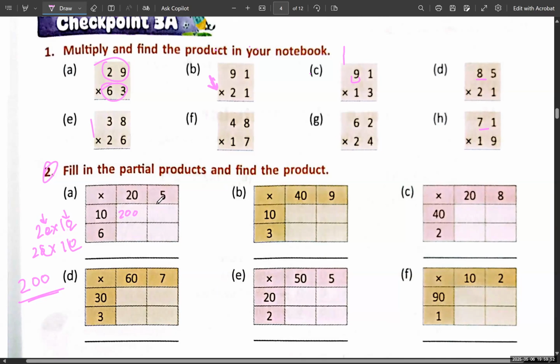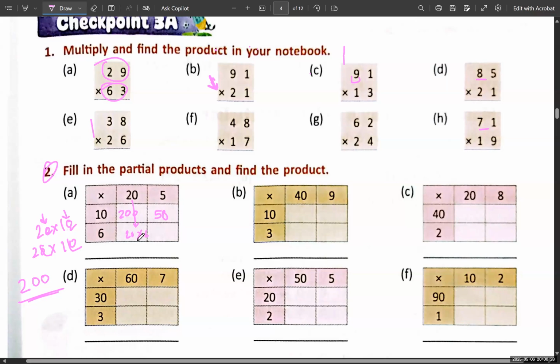And then what should I write in this column? 5 from here multiplied by 10 from this column. So 5 times 10. How much will that be? 5 tens are 50. Now, after that, in the next column we have 20 from here and 6 from here.